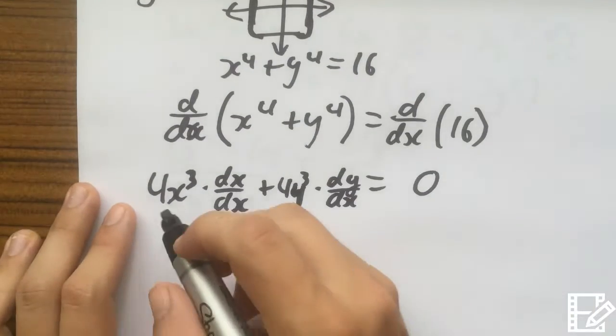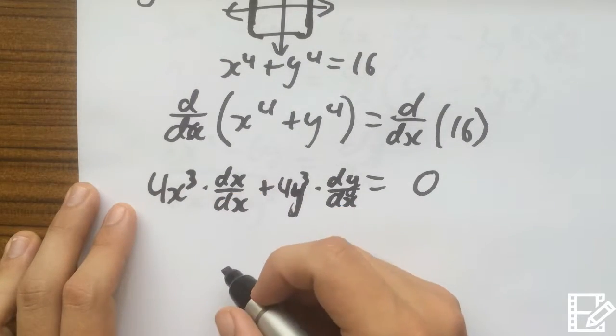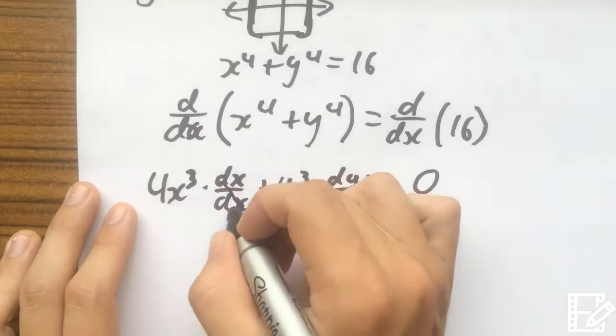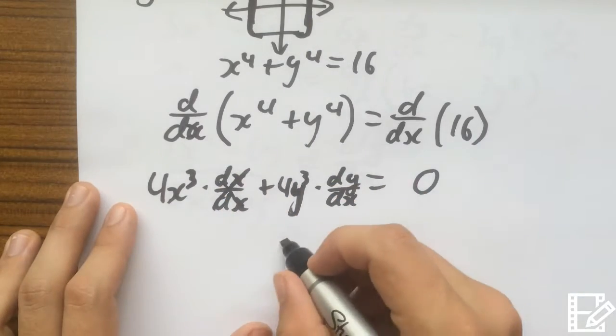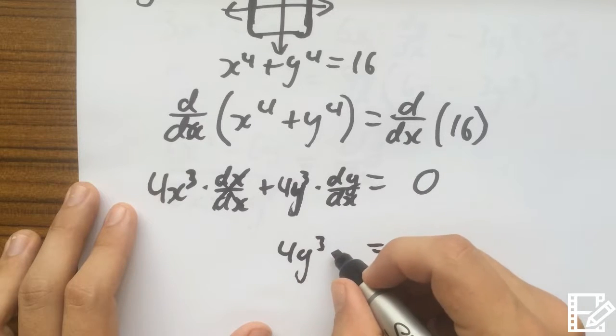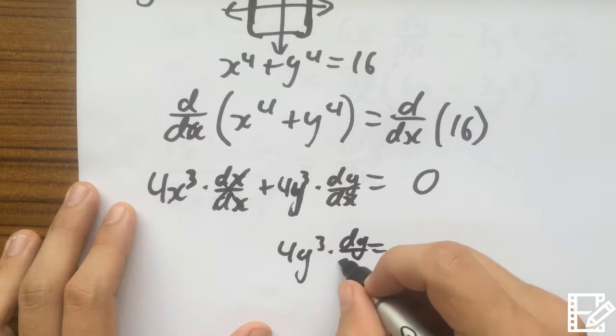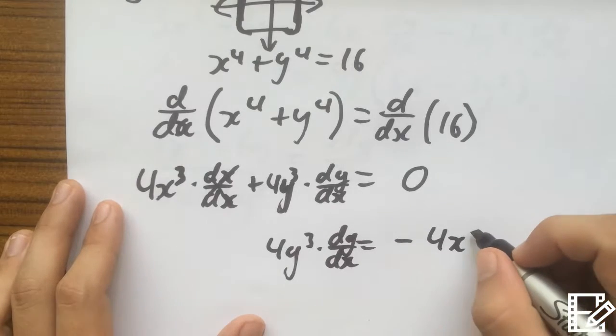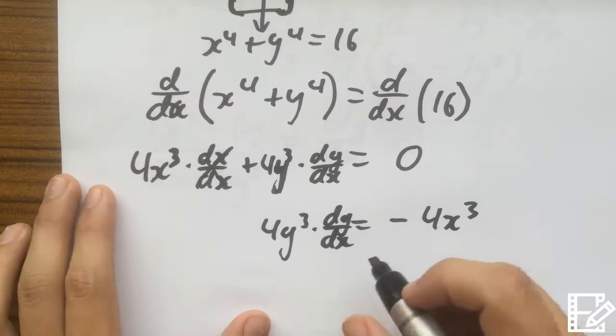Now what we're going to do is subtract 4x to the power of 3 from either side, because the dx on dx is 1, so we won't need to worry about that. So then we'll be left with 4y to the power of 3 multiplied by dy dx equals negative 4x to the power of 3.